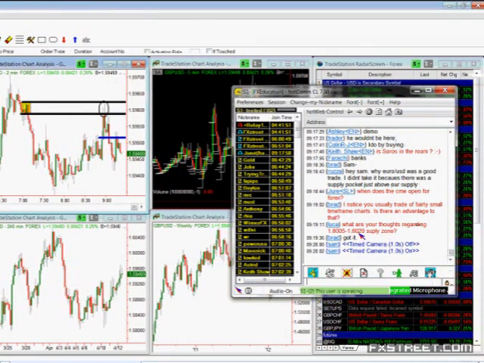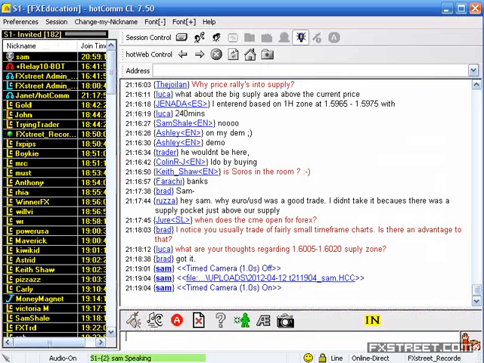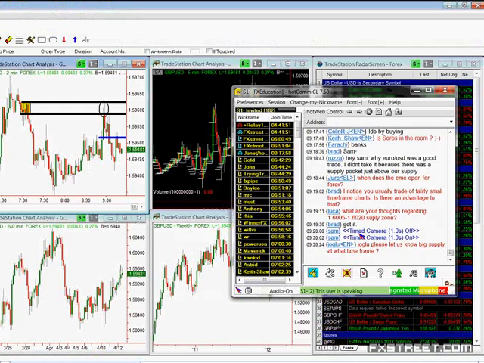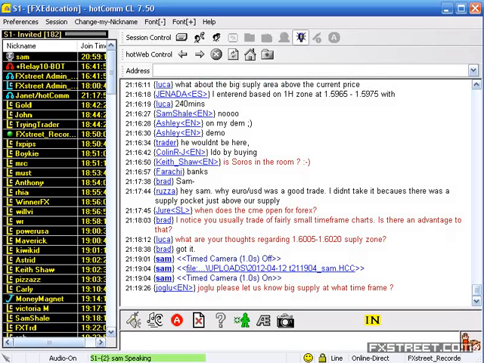Once you know where the institutions and banks are buying and selling, and you know where retail traders are buying and selling, who makes a fortune with that information? Anybody name a few groups that actually have access to that information and make a fortune from it? Who has access?